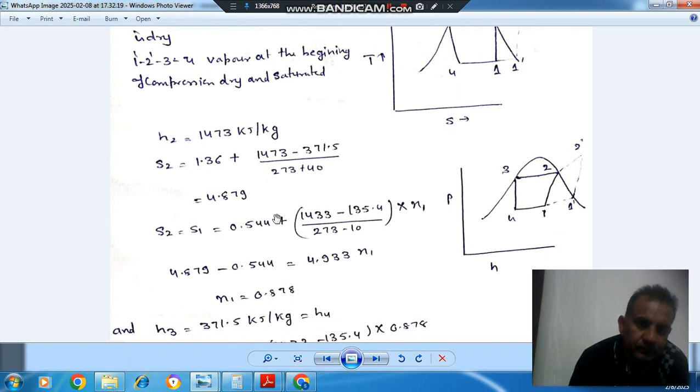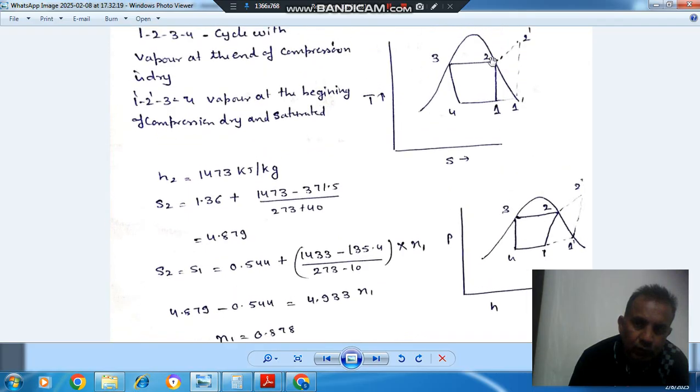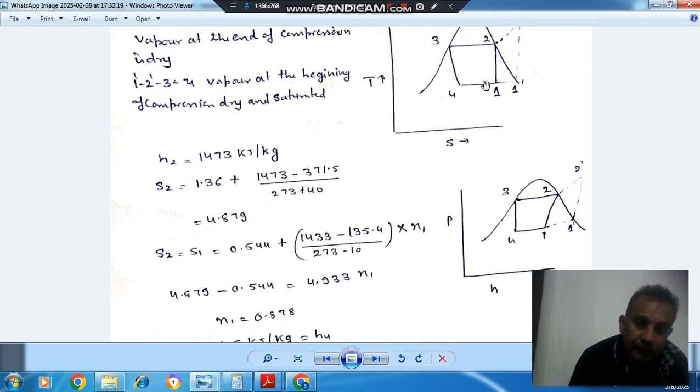So entropy at 2 and entropy at 1 is equal. For this part the entropy of liquid is given, that is 0.544.